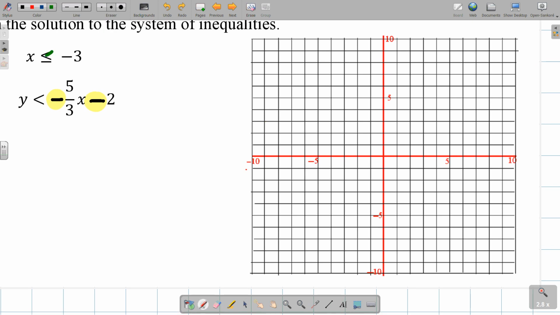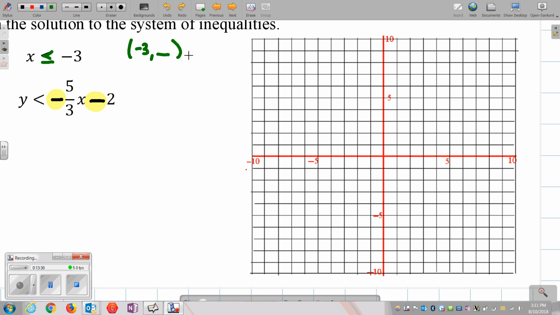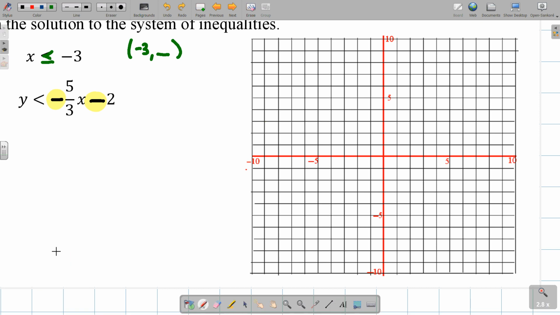If x is less than or equal to -3, first you want to graph all the points where you have -3, comma something. So you want to graph a bunch of points where you have -3 something.